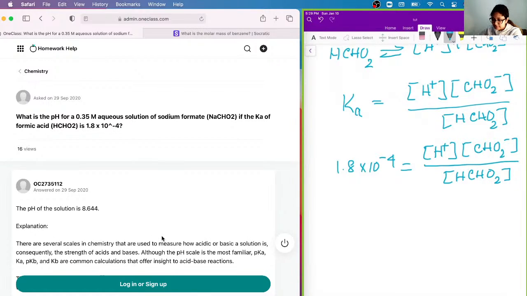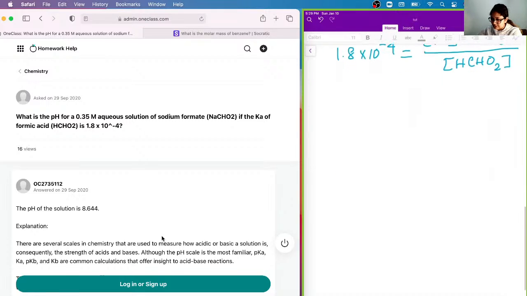But the solution in the question is the aqueous solution of sodium formate, which is a base. So we need to come up with an equation where sodium formate reacts with water and produces its ions.